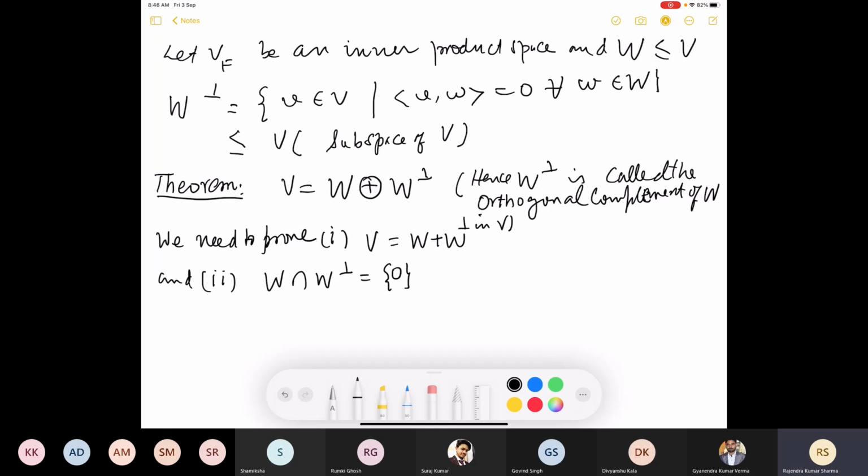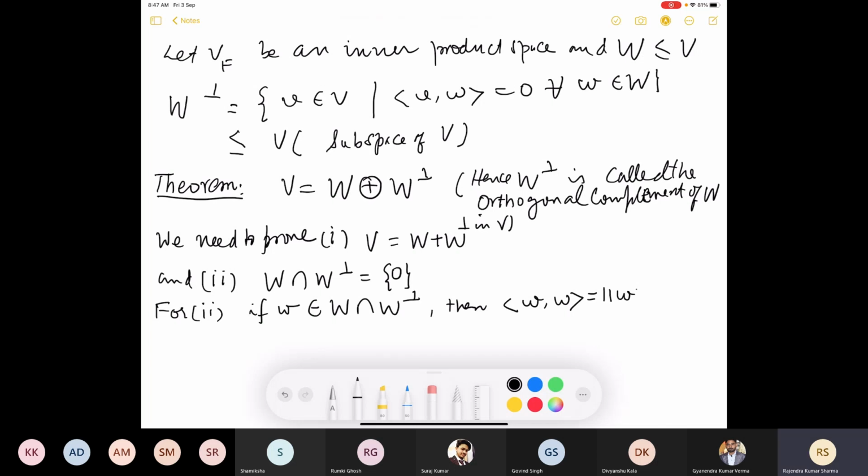You can check that if a vector W is in W as well as in W orthogonal, then W must be orthogonal to itself, because any element in W orthogonal is orthogonal to every vector in W, and in particular to W also.